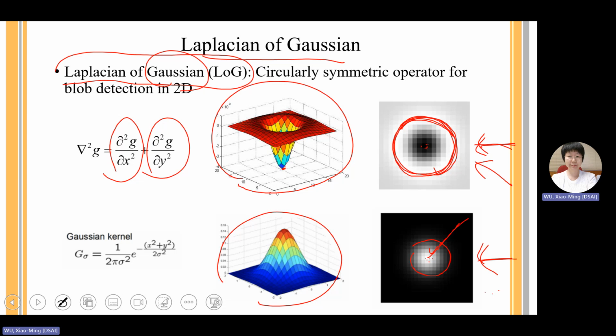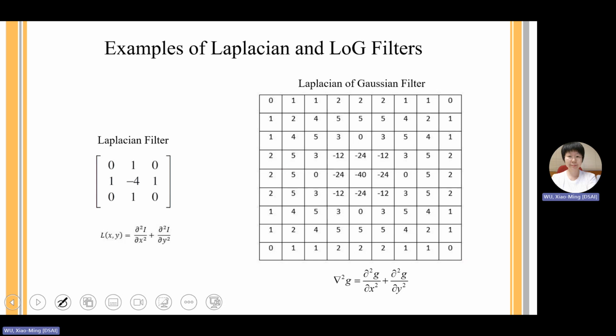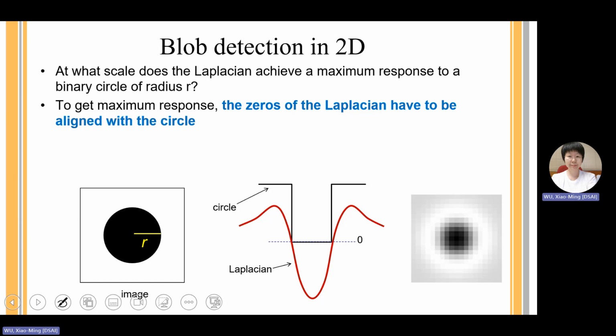So this is the Laplacian filter. This is the Laplacian of Gaussian filter. I put them here for your reference. Well, this is the Laplacian of Gaussian function. Okay, suppose we have a blob image.